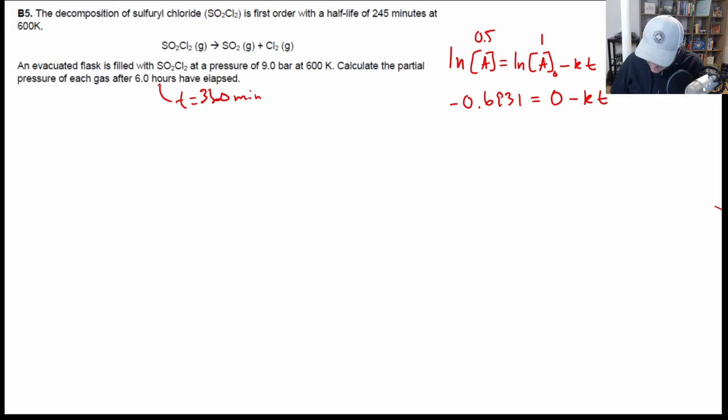And so in that case, t is going to be equal to 0.6931 divided by k.